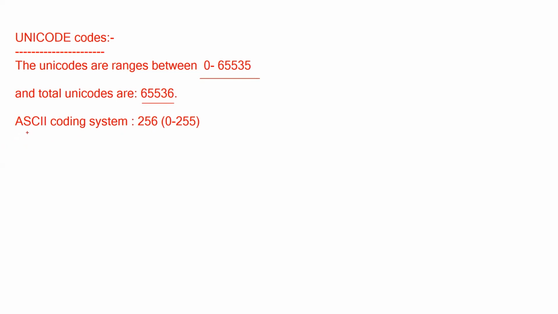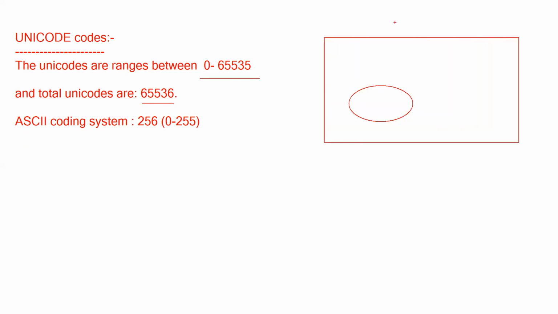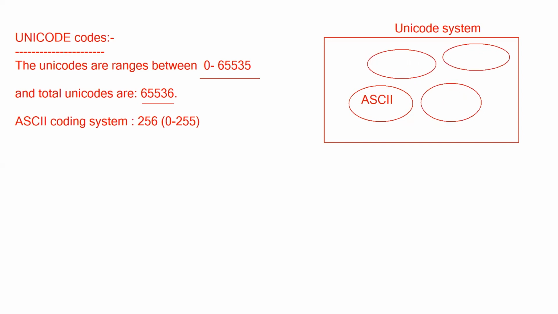All right. So this ASCII coding system is a sub portion of the Unicode system. If this is ASCII, this is the Unicode system. And in this Unicode system, there are some other coding systems also, which are also part of the Unicode system.